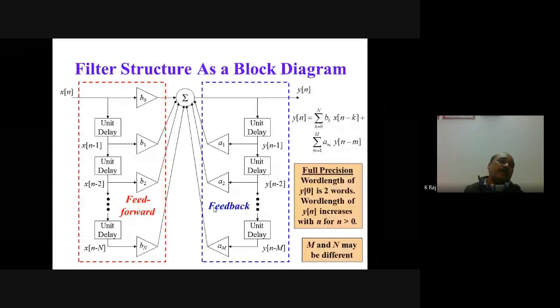So when we design any system, then after the designing, in order to analyze the performance of the system, we have to analyze at least 4 parameters. The first is the speed of the algorithm or the speed of the system. The second one is the area, and the third one is the power consumption, and the fourth one is the finite word length effect.